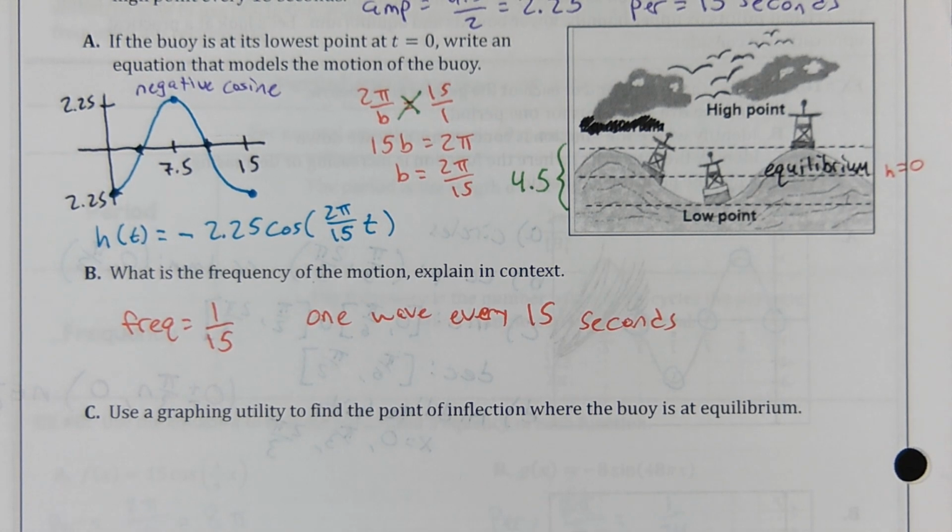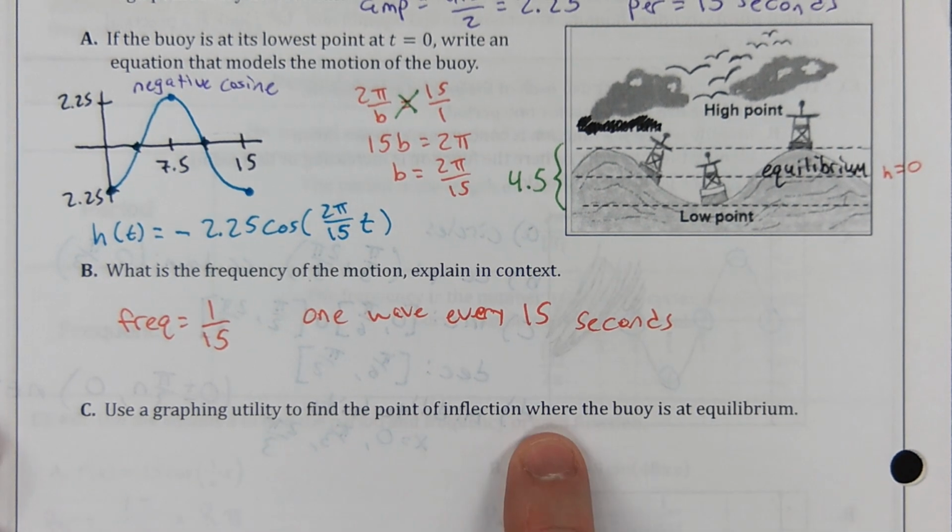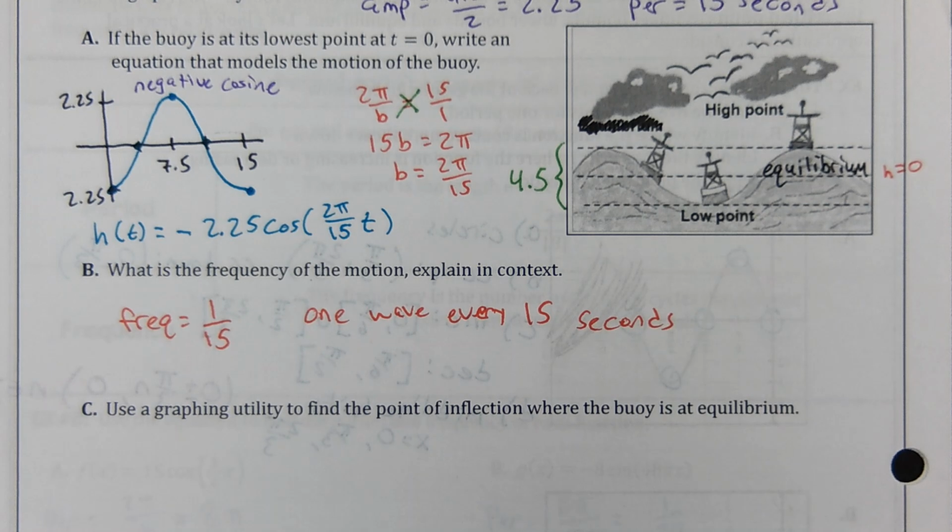I'm going to ignore part of the directions for part C. The part that says use a graphing utility. You don't need one. It says use a graphing utility to find the point of inflection where the buoy is at equilibrium. But tell me, on every sinusoid, where are my points of inflection?